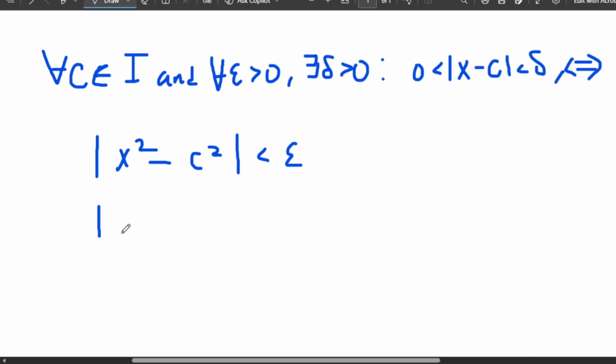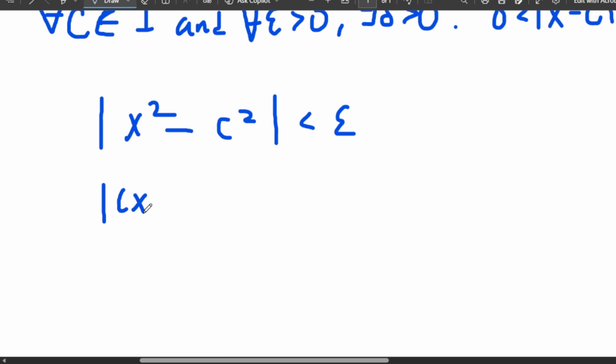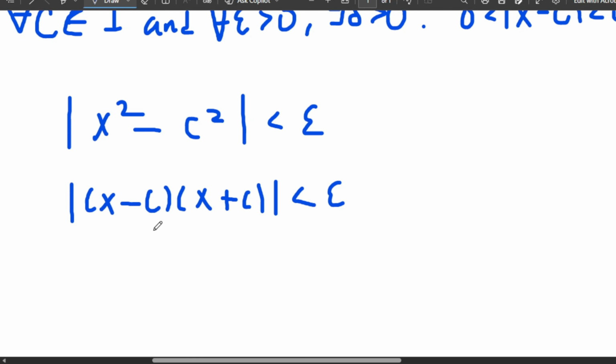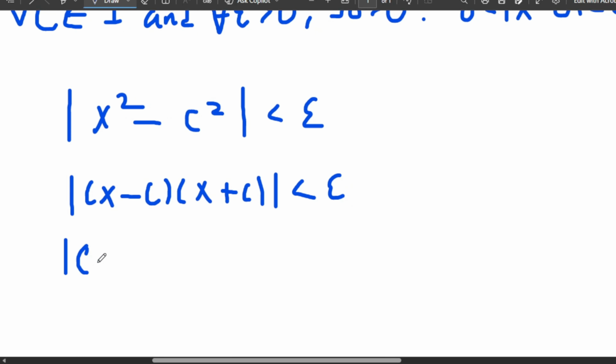This is a difference of squares, so we can factor it, and using the property of absolute value, this can be split into absolute of x minus C times absolute of x plus C is less than epsilon.